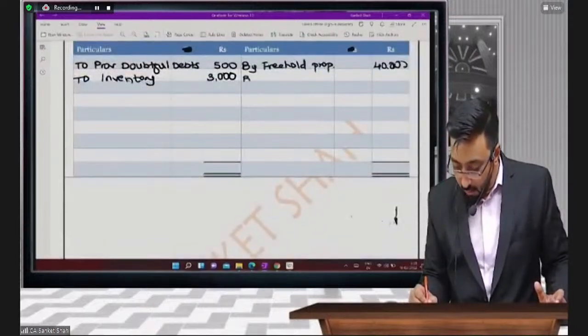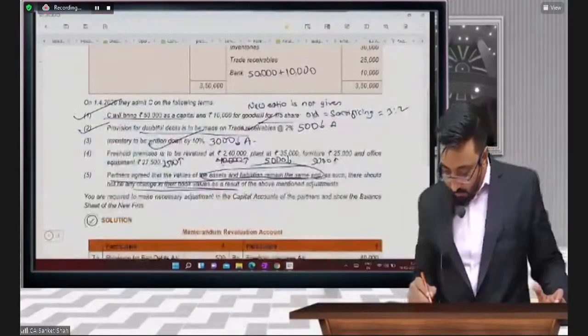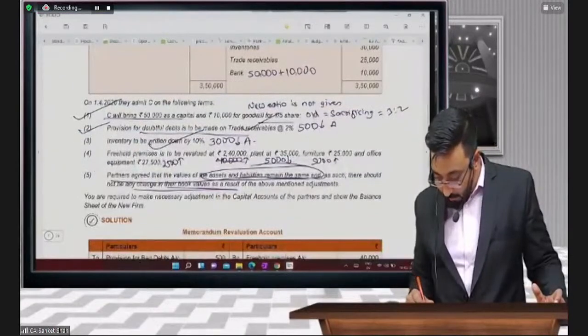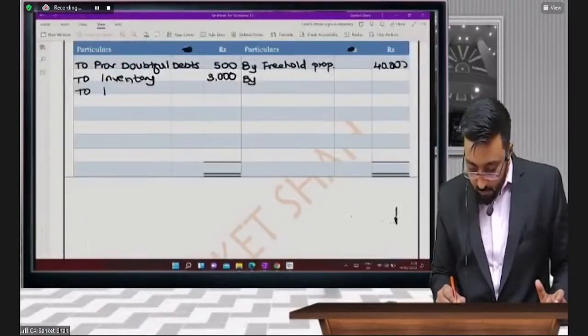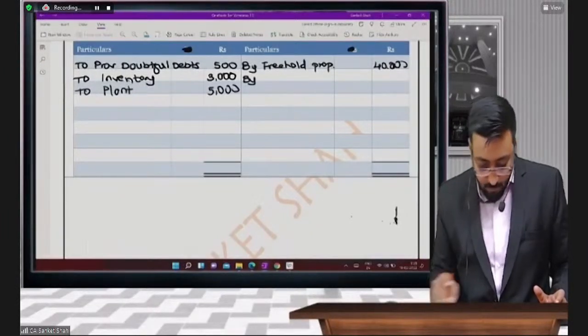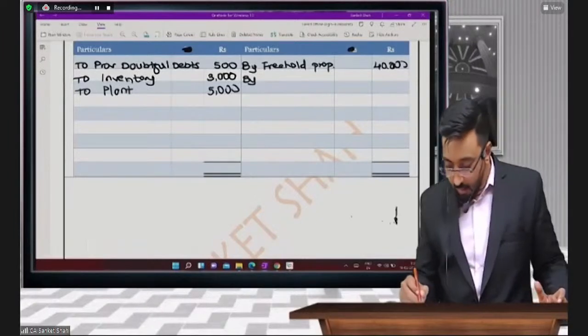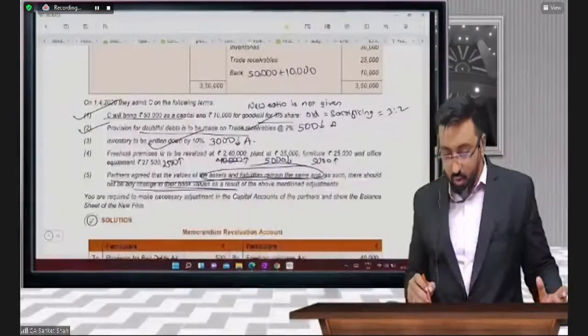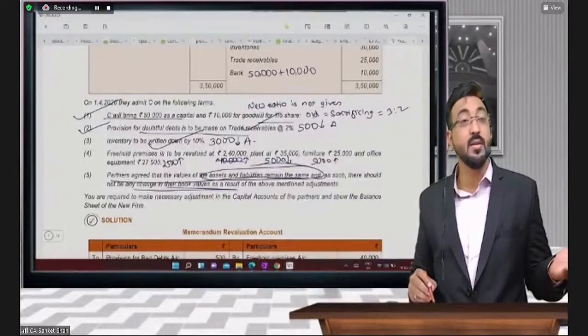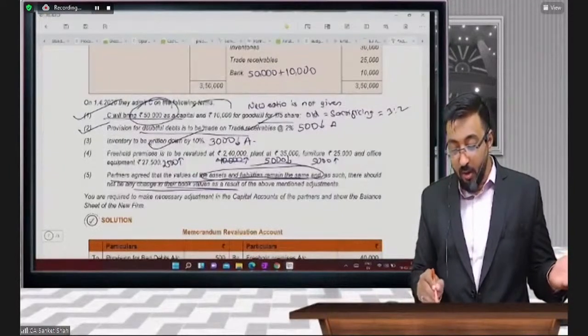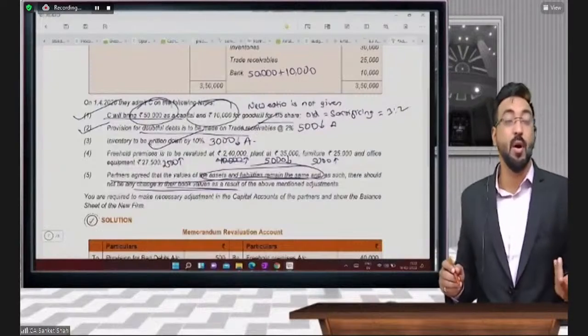Then you have by plant 5,000. Somebody is asking, sir, why should I write 60,000 in bank? Because you brought capital, beta. What is the entry of bringing capital?